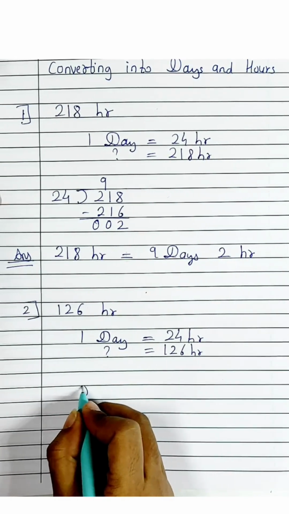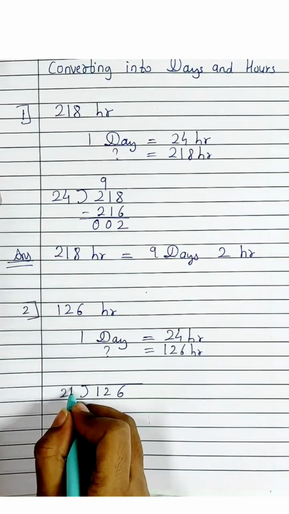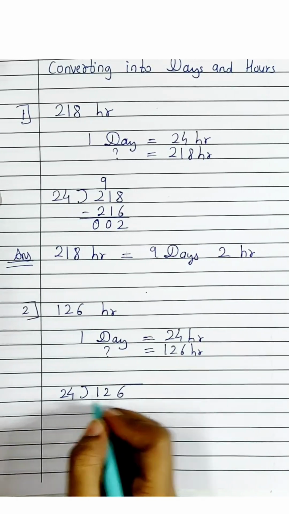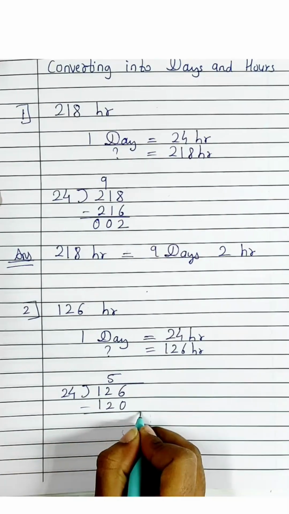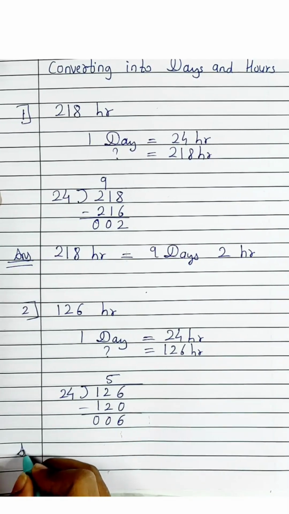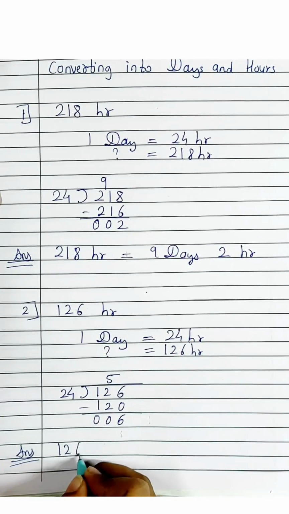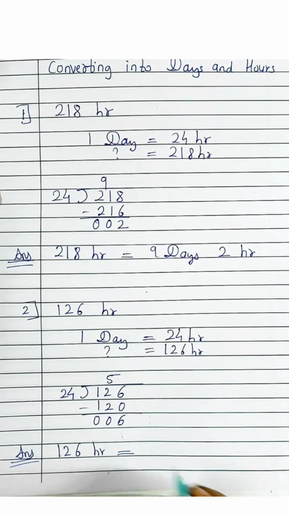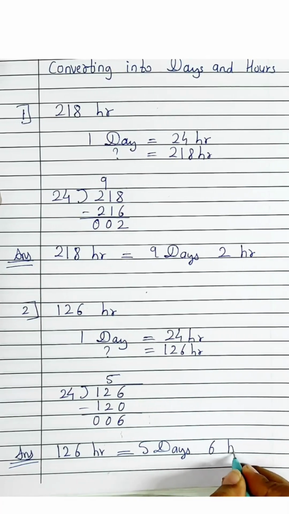Again, simply you have to divide 126 by 24. So 24 5s are 120, which will give you remainder 6. Okay, so how will you represent your answer? In 126 hours there are 5 days, 6 hours.